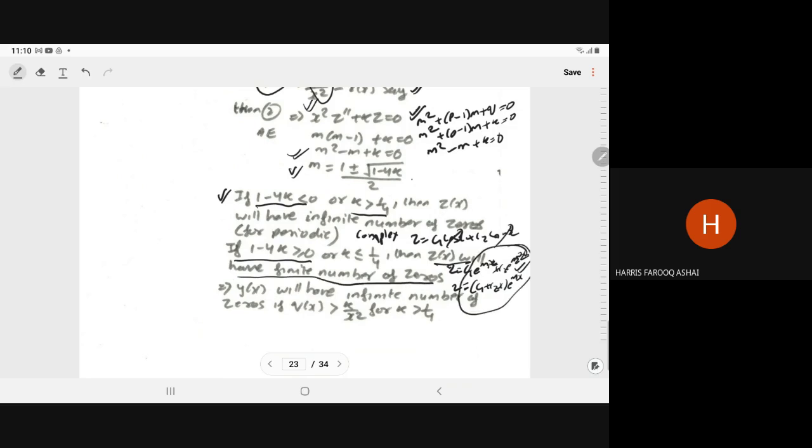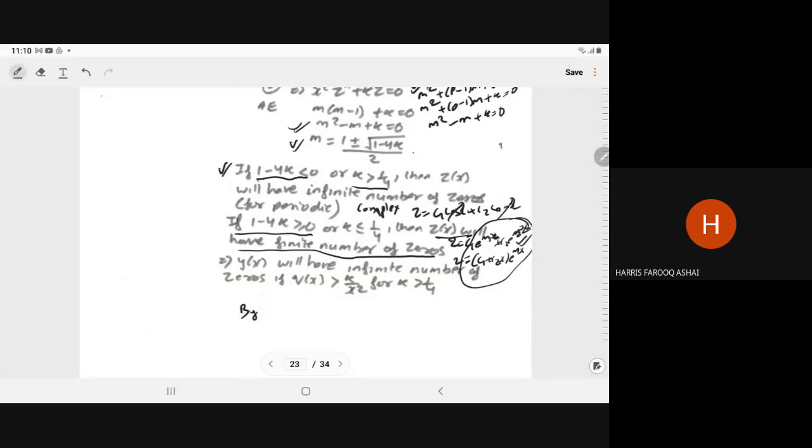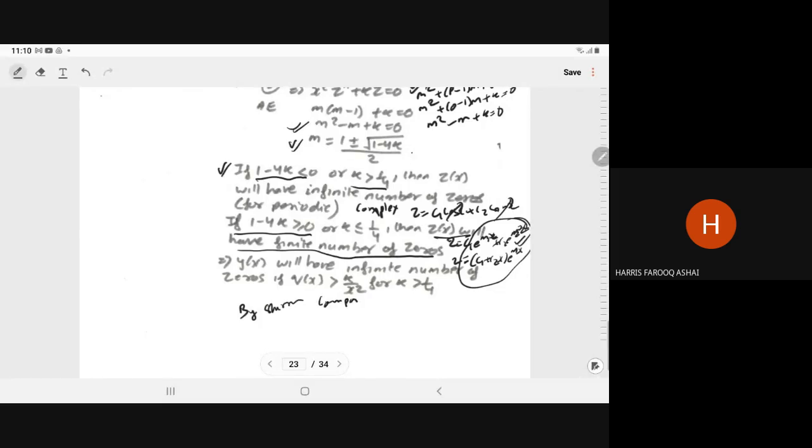So now y(x) will have an infinite number of zeros if q(x) is greater than r(x), by which theorem? By the Sturm comparison theorem.